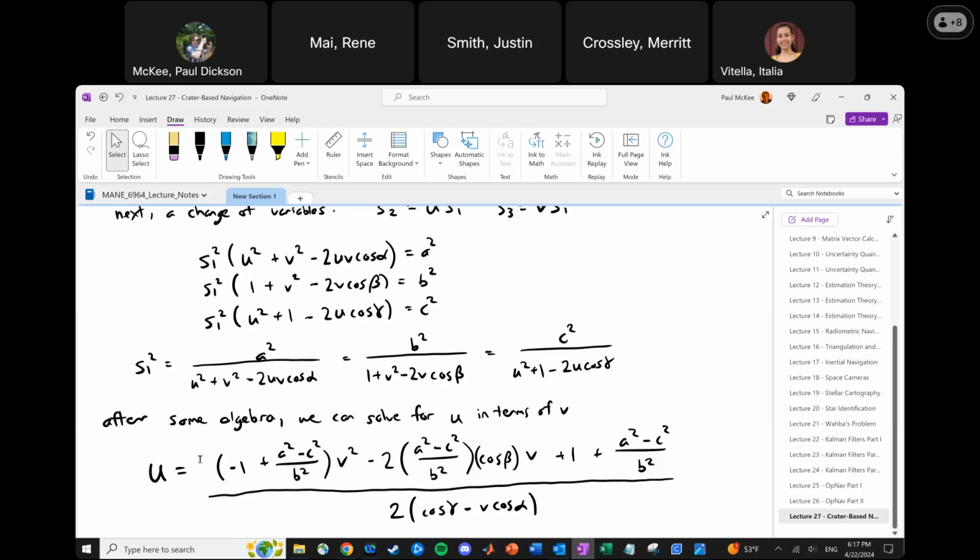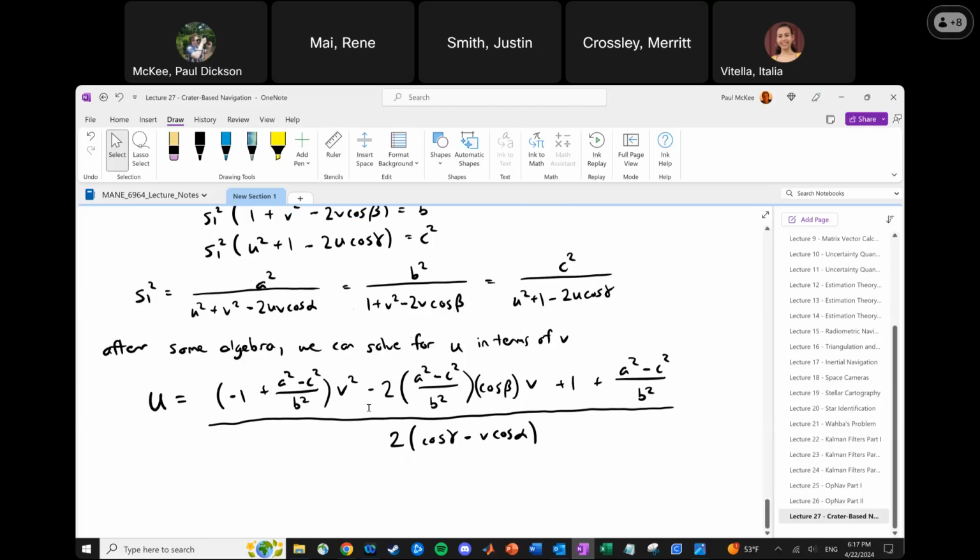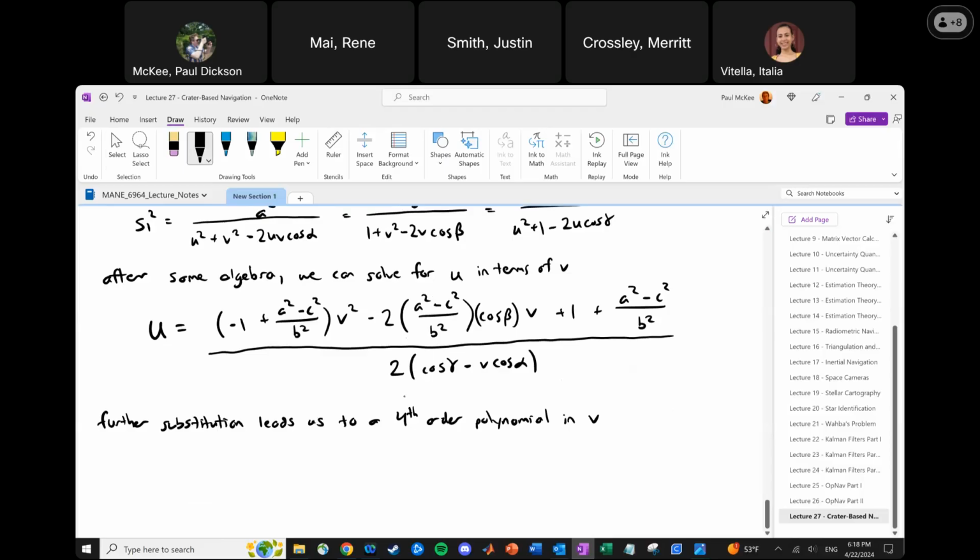And what we're building towards is a polynomial where the only unknown is v. So we're using, again, still high school math tricks, but further substitution leads us to a 4th order polynomial in v, which looks like this.